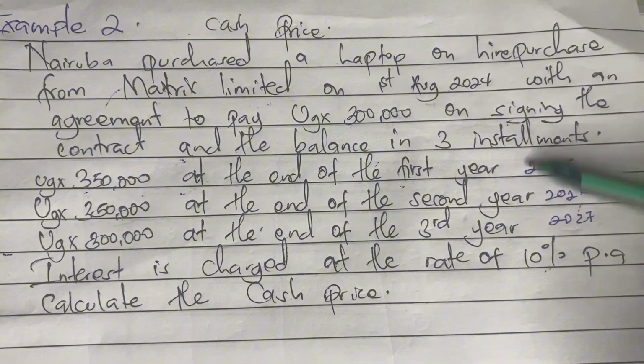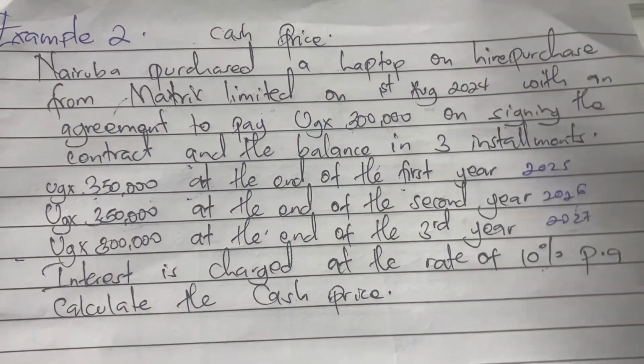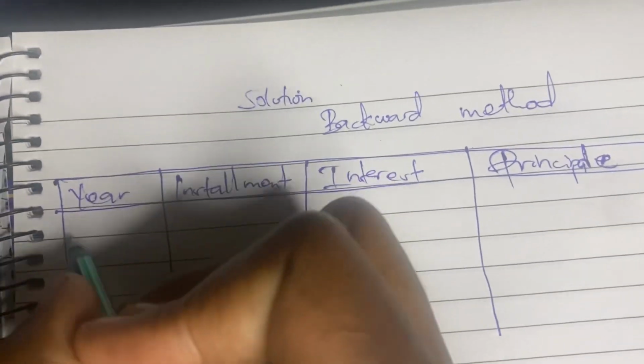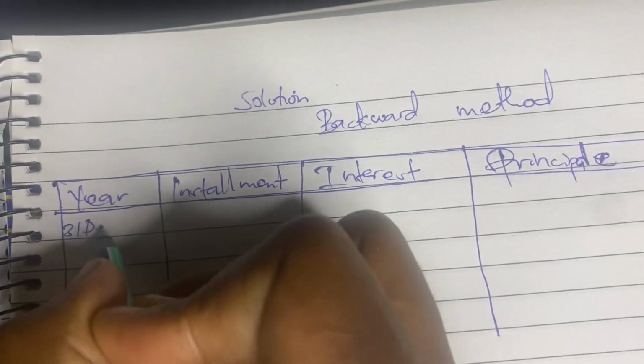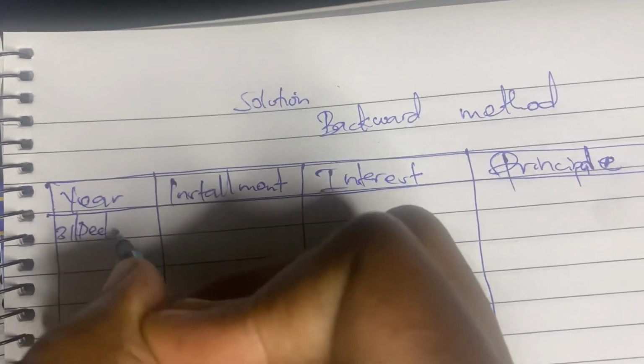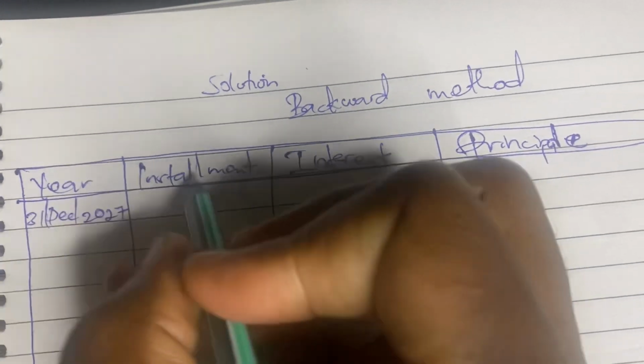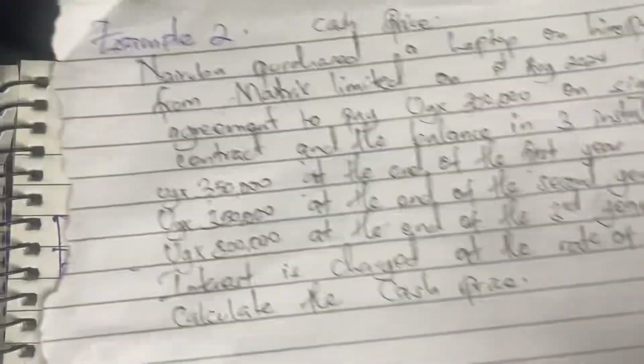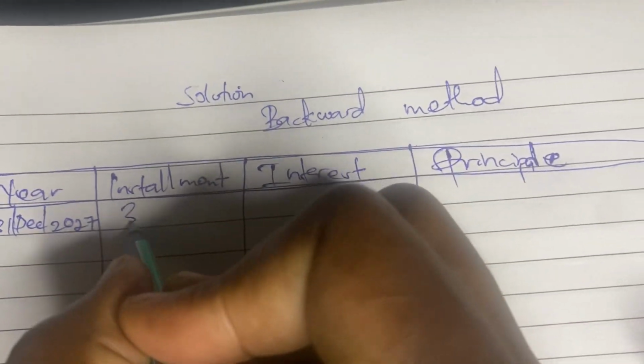So when we are using the backward method, we start with 2027. So 31st December 2027. The installment is 300k. So 300k.